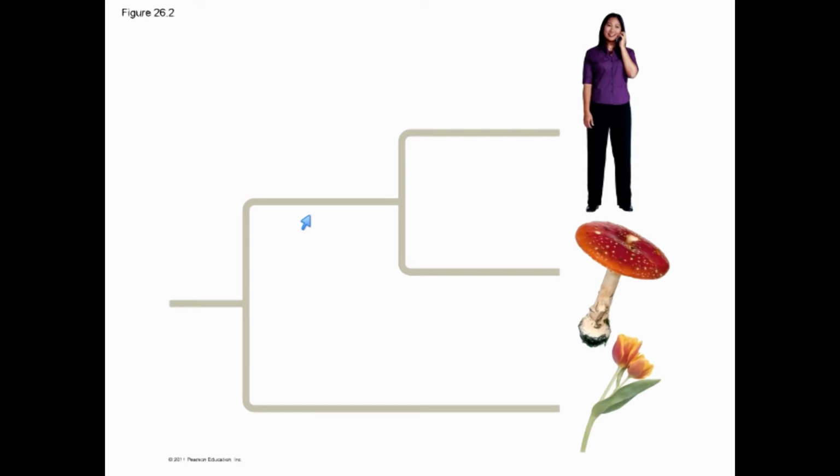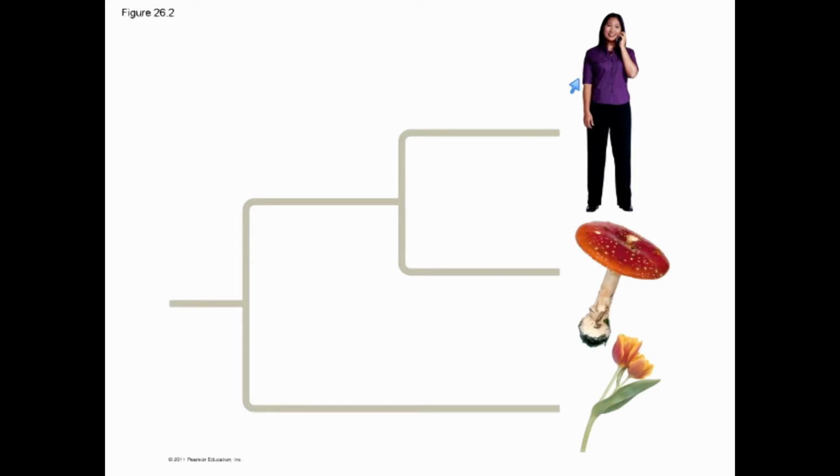This upper branch shows another divergence right here, and this is going to split into two major diversifications, one leading to the kingdom Fungi, one leading to the kingdom Animalia. So the suggestion is fungus is more closely related to animals than they are to plants.